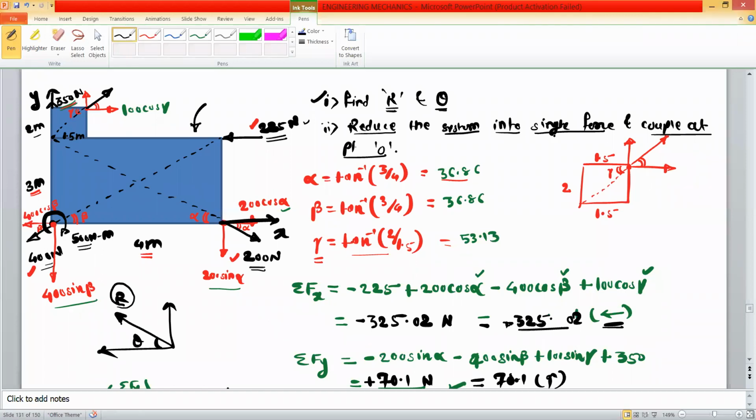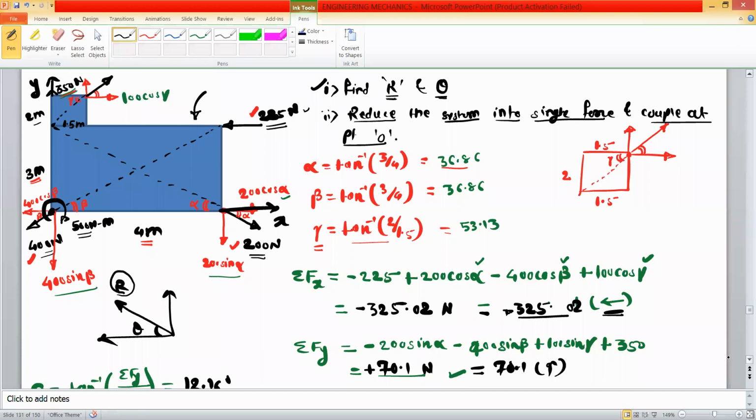In the second question, we need to find out what is the resultant couple which will act at this point. Okay. That means we need to shift the resultant exactly at point O. Okay. Without changing the effect. So first step is find out the distance of resultant with respect to origin, that is a point O. Okay. And then shift the resultant at point O.